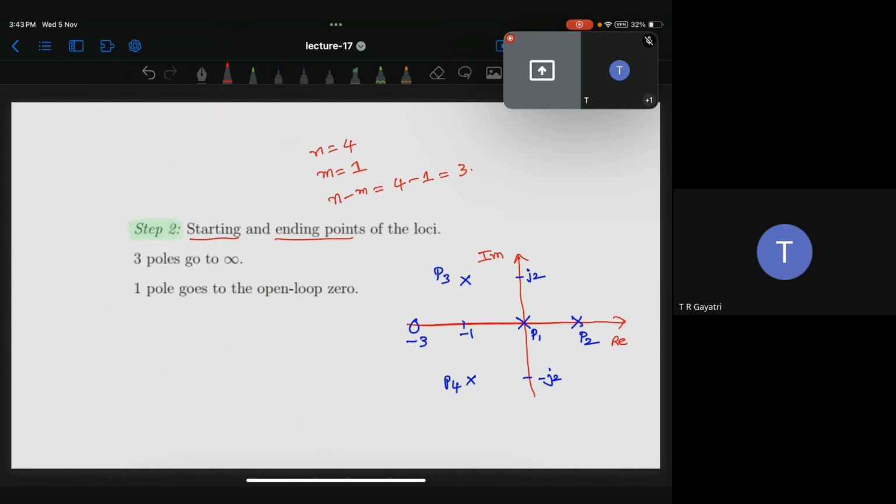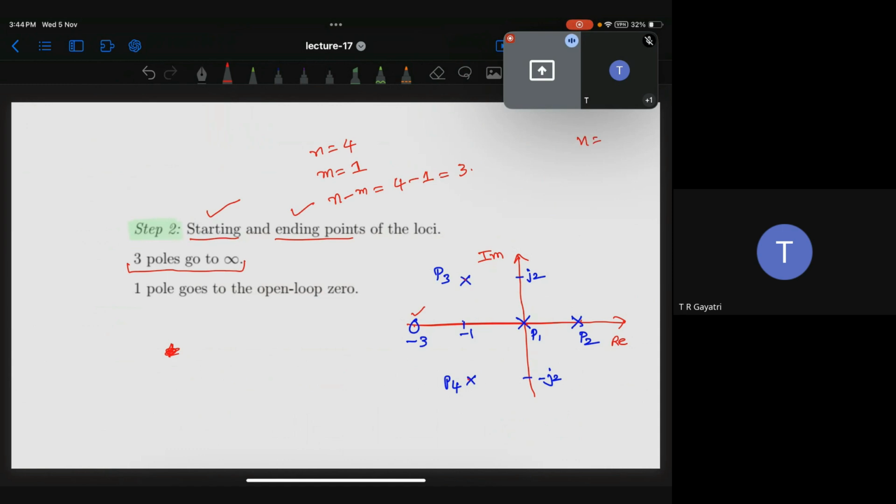Here, all these 4 poles and 1 zero: out of the 4 poles, any one pole will go to the zero, and the remaining 3 poles will go to infinity. That's why we said starting and ending. They will start at these points and go to infinity. Is that clear? Yes, sir.